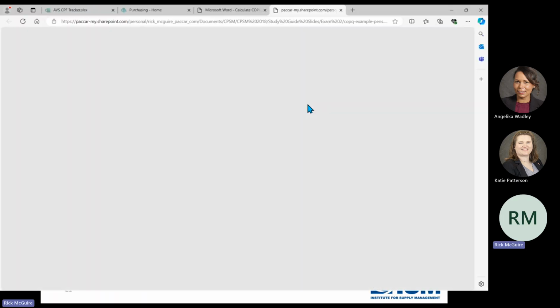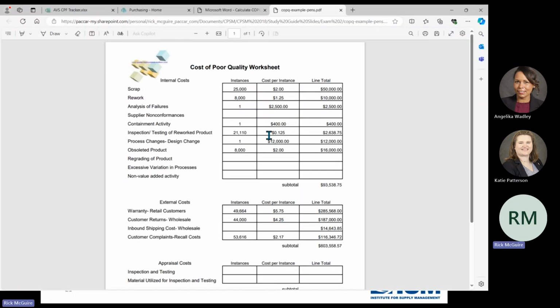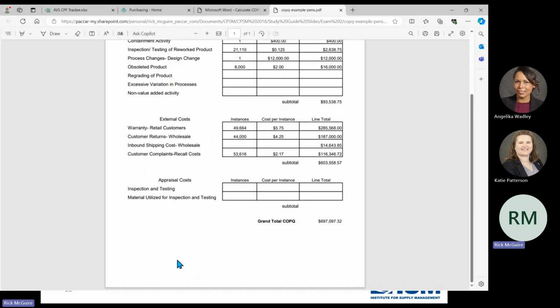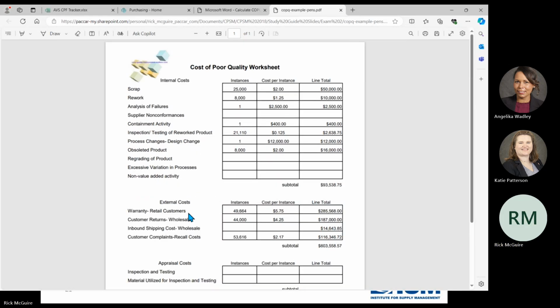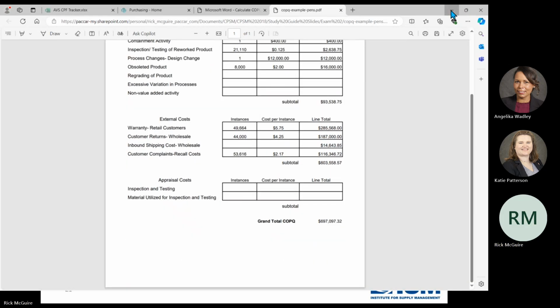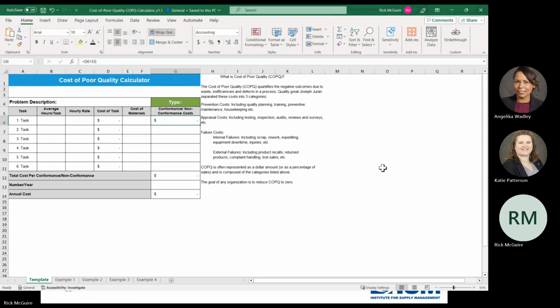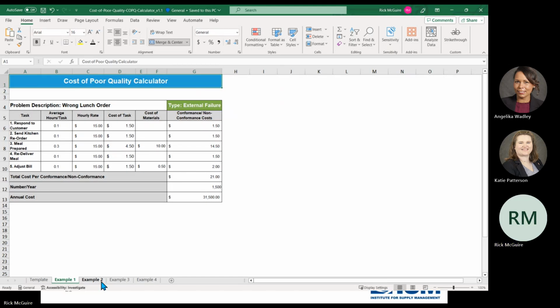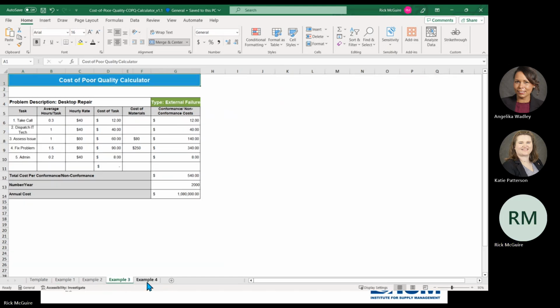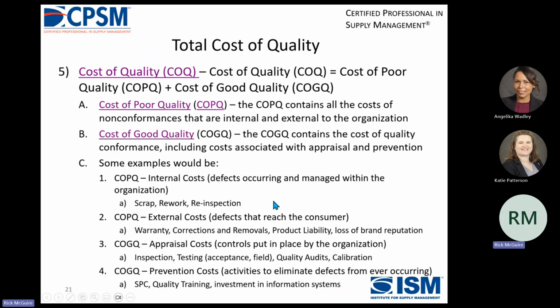And then this is a worksheet, which kind of gives you an idea of some of the costs for internal and external, some appraisal costs. And what do we got here? Here's another calculator with some examples. So there's some tools there for you to think about in the cost of quality.